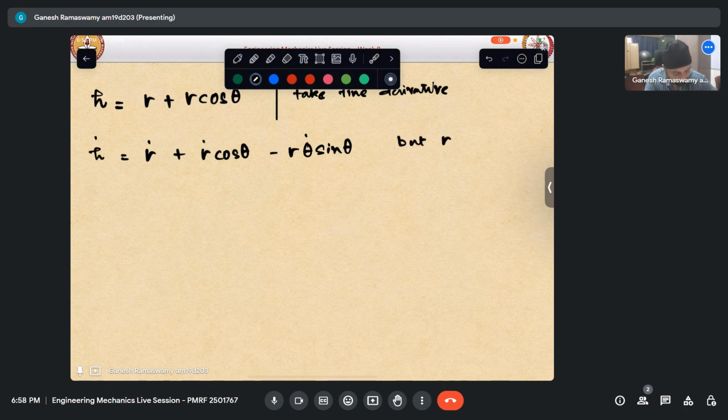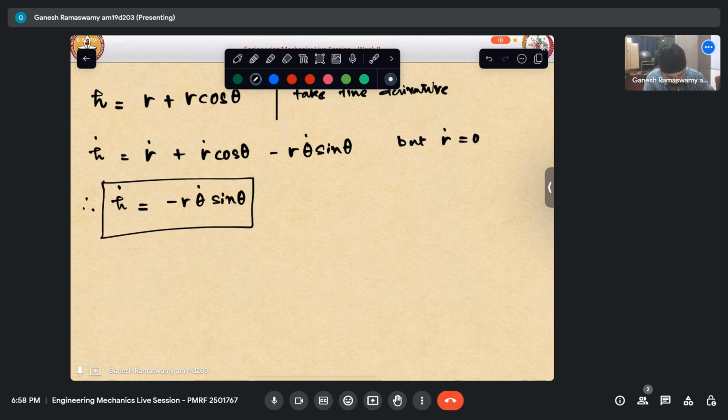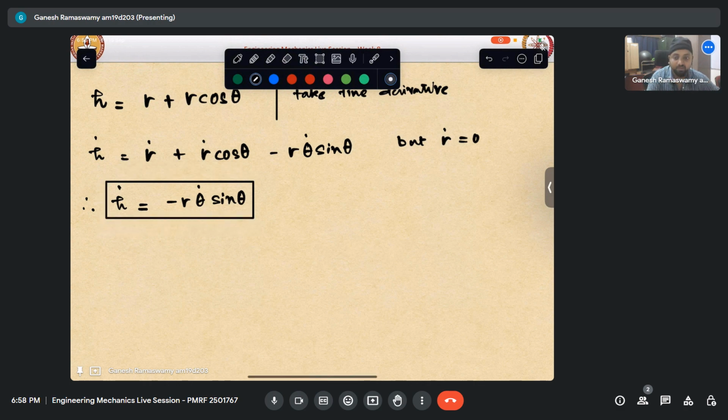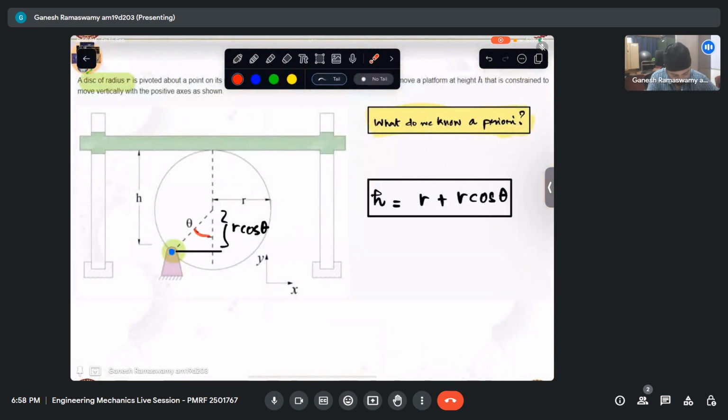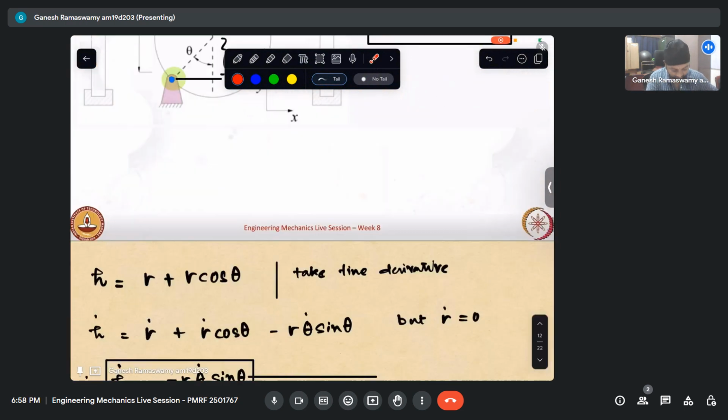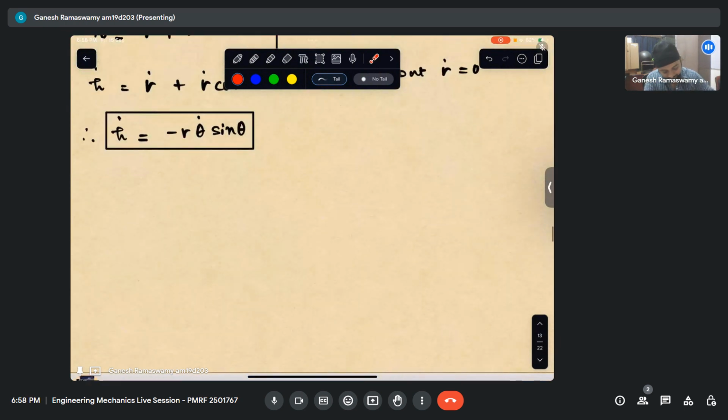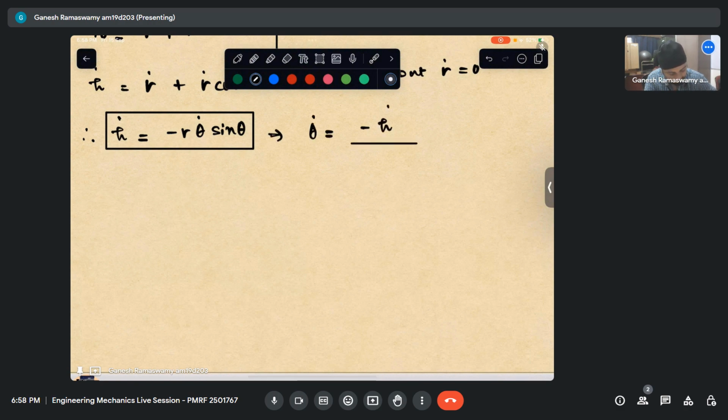Therefore, h dot is nothing but minus r theta dot sin theta. Why this is negative, we can see from the constraint of the problem. If theta decreases, then h increases. H will go up. So that is why this negative sign has come in. So therefore from here, theta dot I can write as minus h dot upon r sin theta.